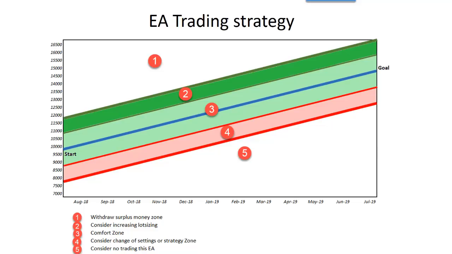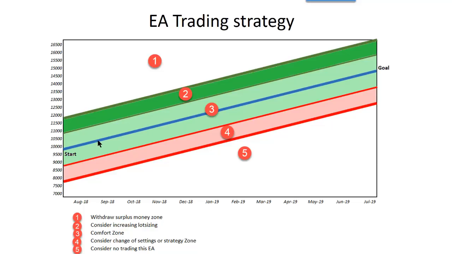So when you're in that 2 zone, you can consider increasing your lot sizing or withdrawing the excess money. And then the 1 zone is definitely withdraw your money. If the account balance goes up there, really consider withdrawing your money out of that account.